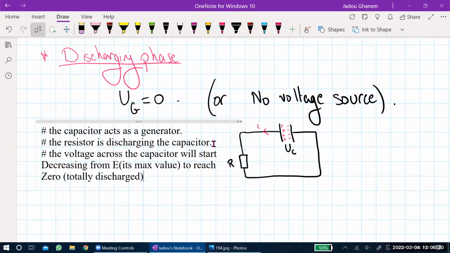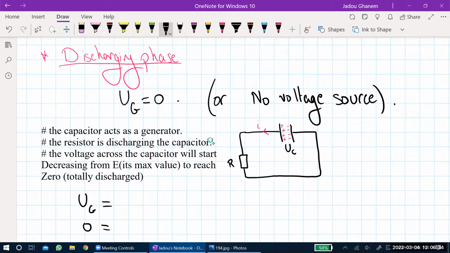If we want to write the same equation, we can write it like this. U of the generator, which is 0 right now, we don't have a generator, will be equal to U resistor plus U capacitor. Resistor is I times R plus UC.